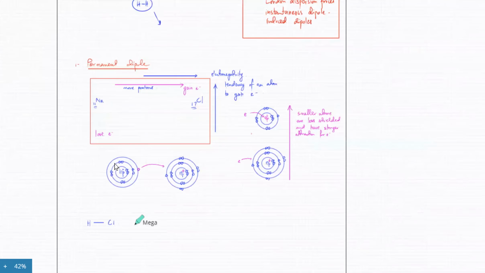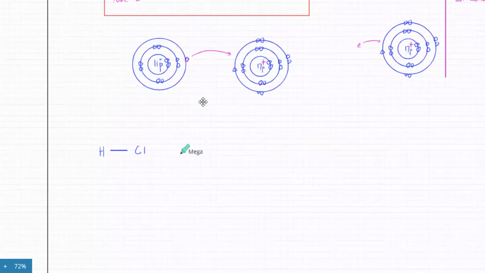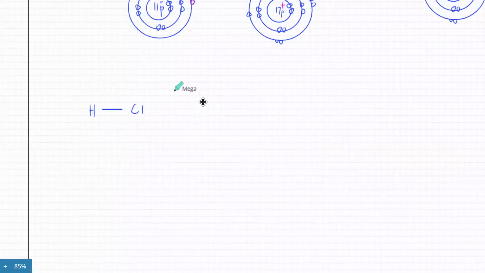We know that Cl is right in this corner. That means that the shared electrons in this particular bond are slightly closer to Cl, which gives Cl a very slight negative charge and the H a very slight positive charge. So that's a polar molecule. That's known as a permanent dipole.